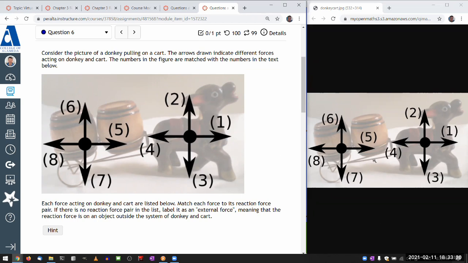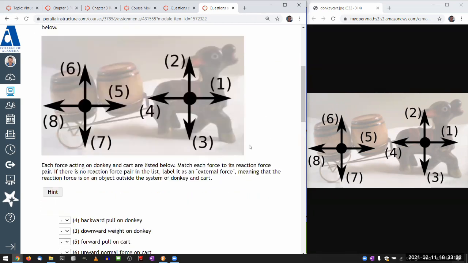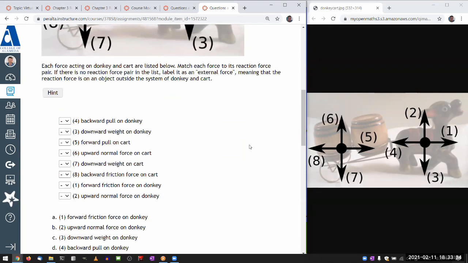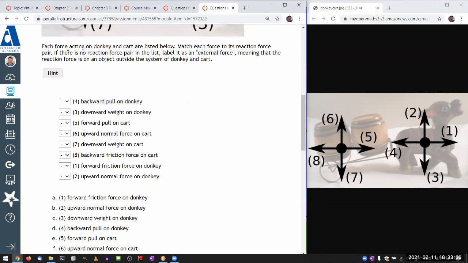So this is the figure that you will have available on the side. It says, for each force listed below, match each force to its reaction force pair. If there's no reaction force pair in the list, label it as an external force, meaning that the reaction force is on an object outside the system of the donkey and cart.